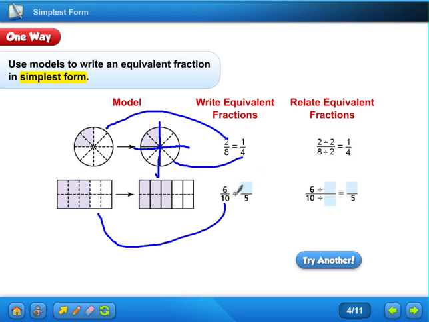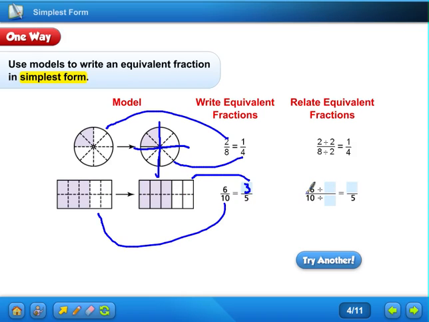So now they're taking this dotted line and they're going to get rid of it. So 6/10 equals something fifths. 1, 2, 3. 3/5. 1, 2, 3 out of 5 boxes are shaded in.